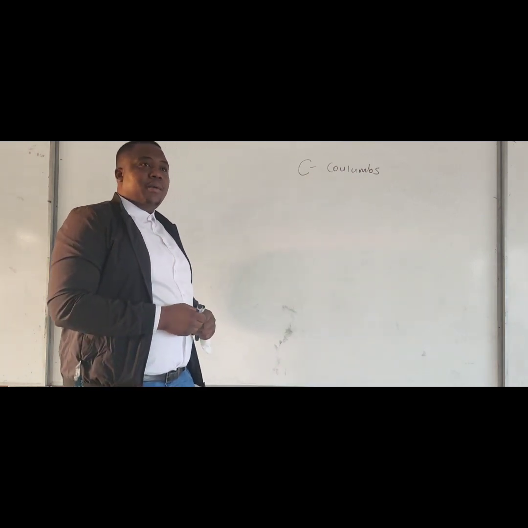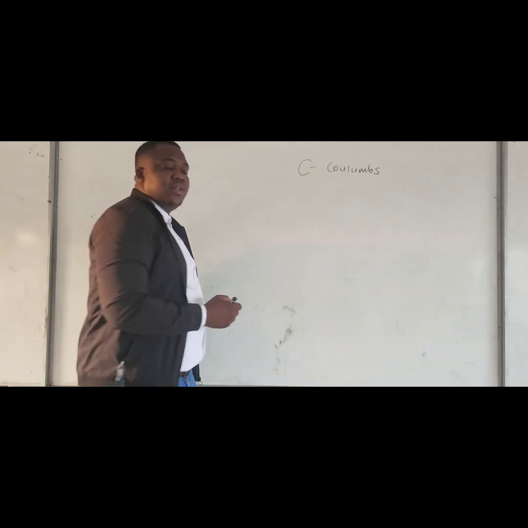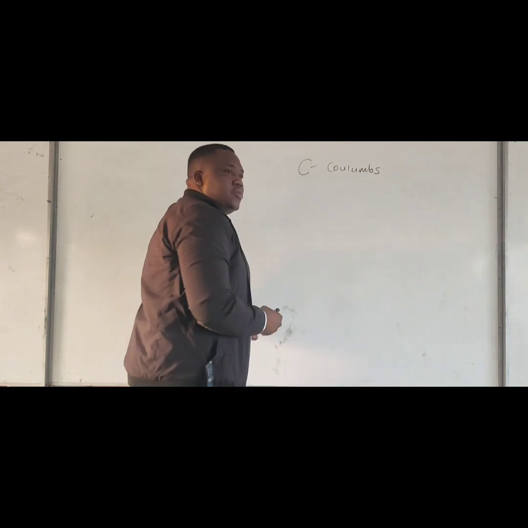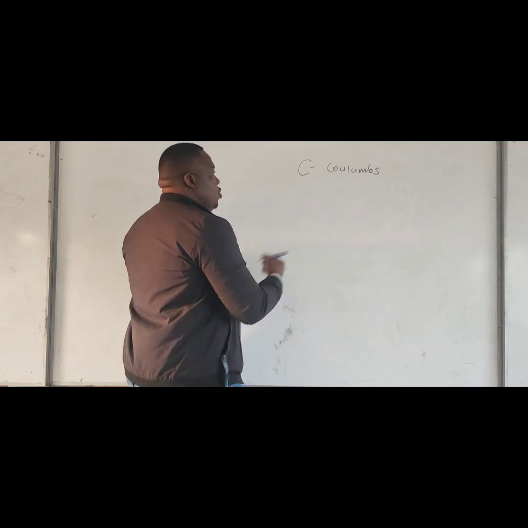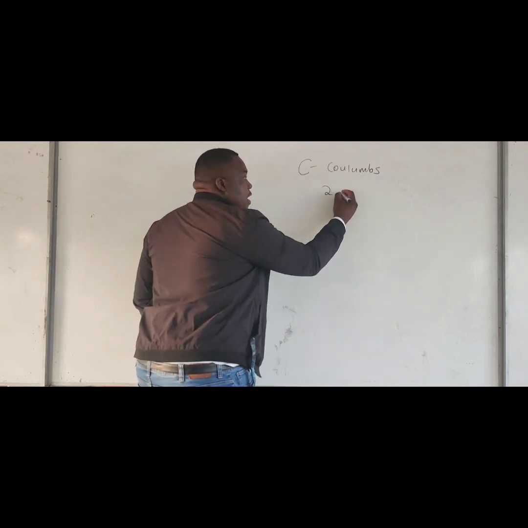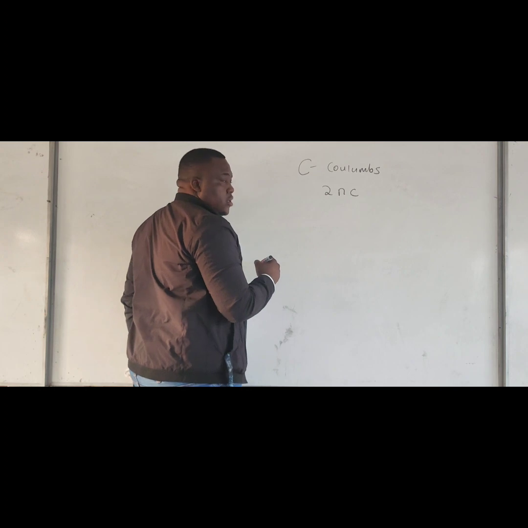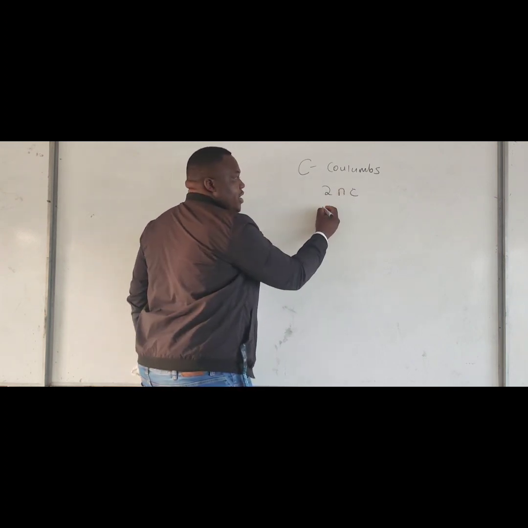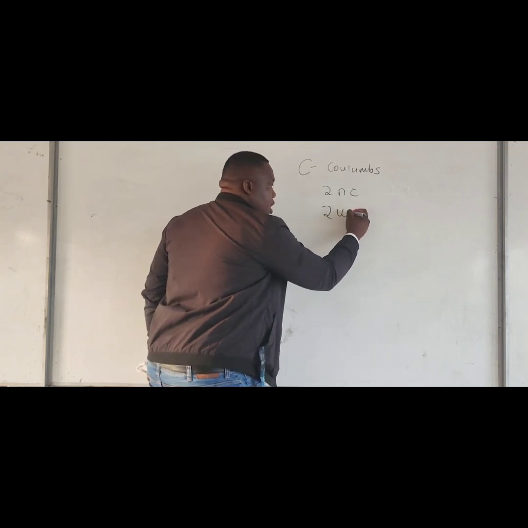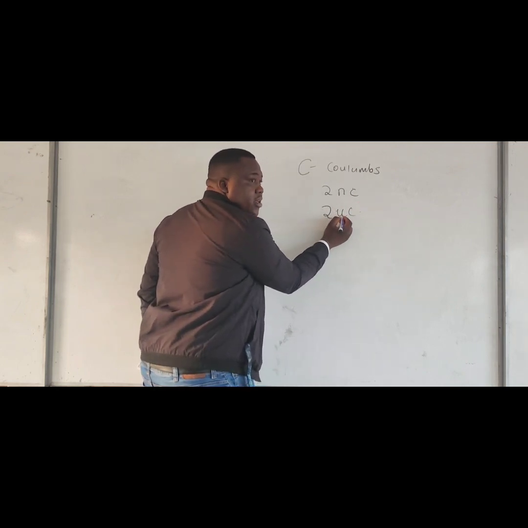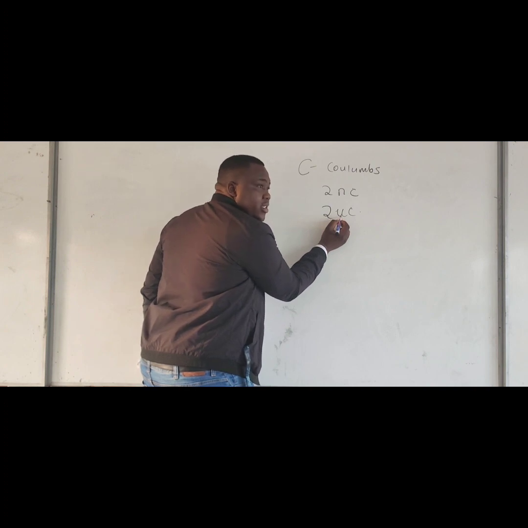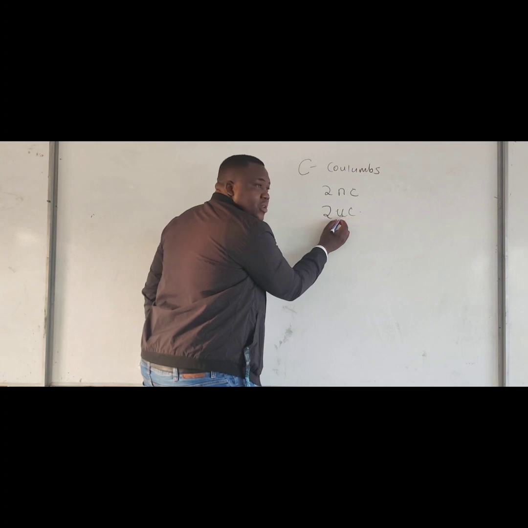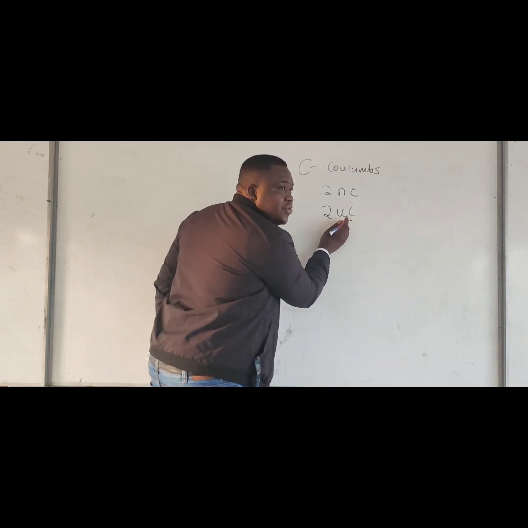The problem that comes sometimes is that you find they wrote 2 and C. This C stands for Coulombs, right? Then you find that they wrote 2 μC, but this symbol is in italics, like the symbol we use for the coefficient of static friction.